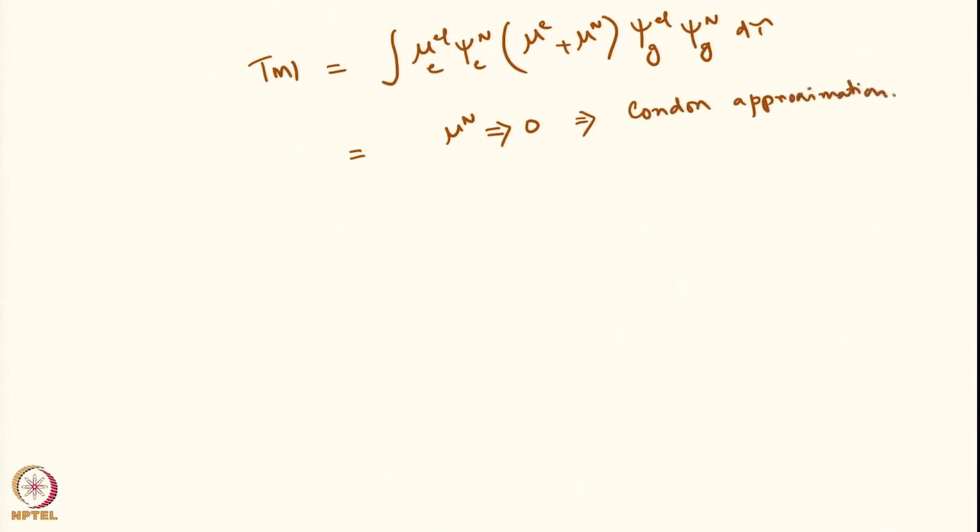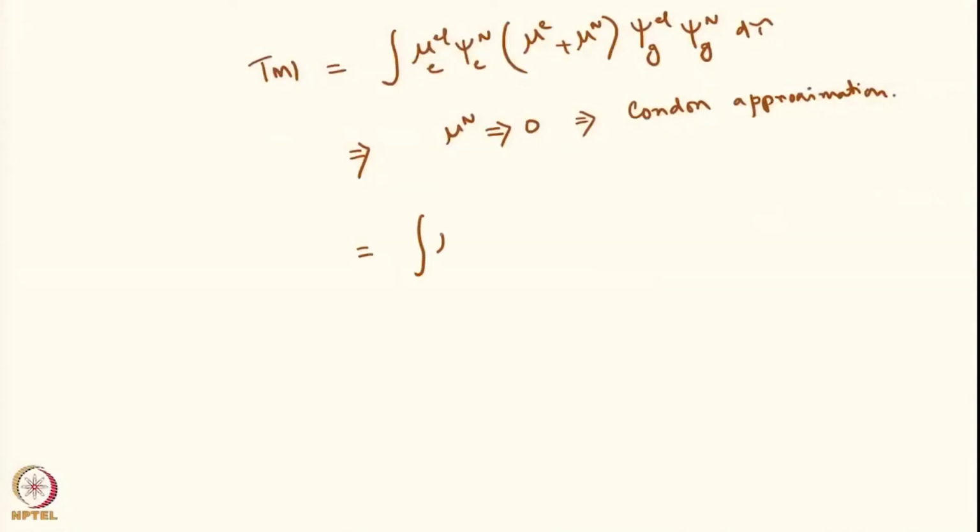So, essentially the dipole moment contribution comes only from the electronic coordinates. So, this means what you have is psi E electronic, psi E nuclear, mu E, psi G electronic, psi G nuclear, d tau.